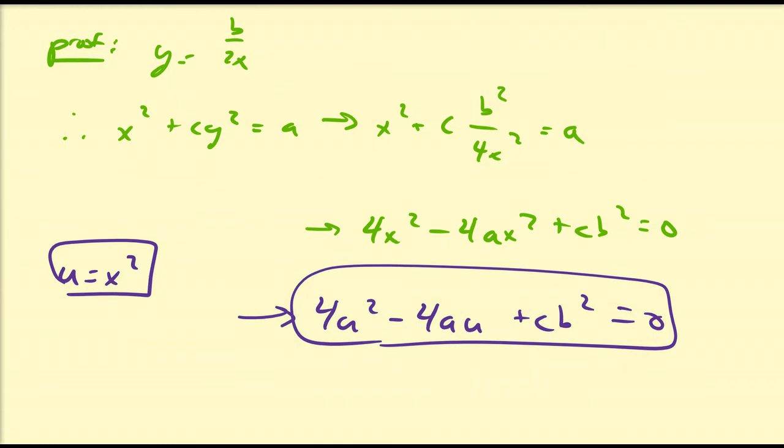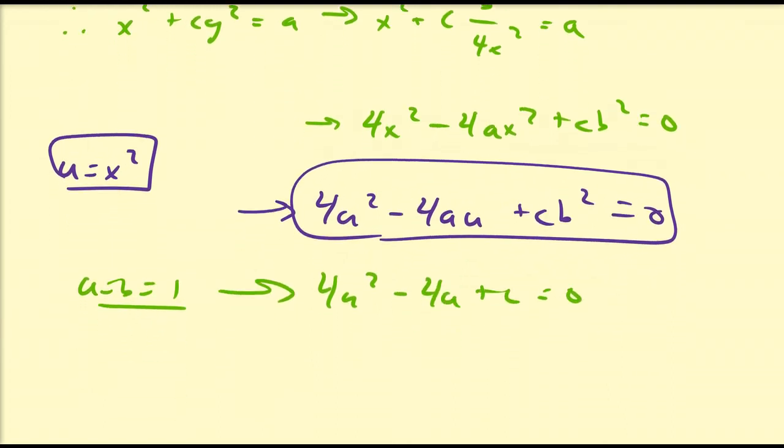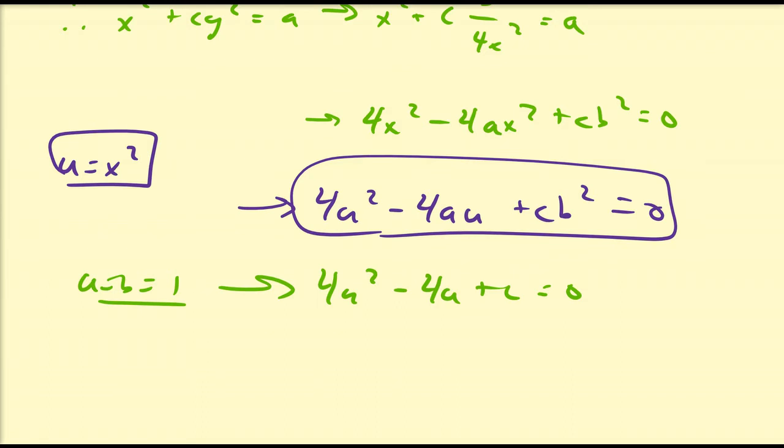That's the general quadratic for the general problem. Our assumption says that a and b are both equal to 1, and that's going to give us 4u squared minus 4u plus c is equal to 0. So we can look at the discriminant of this.